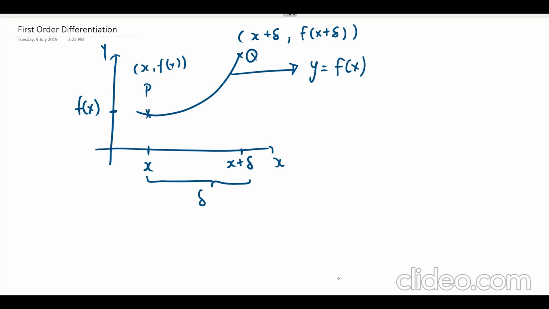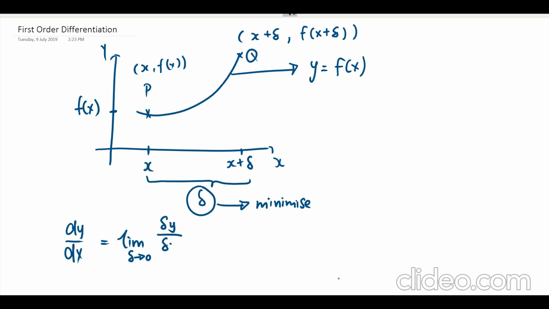When we differentiate a function with respect to x, we are trying to minimize the distance between x and x plus delta. So the basic definition of dy/dx is equal to the limit as delta approaches 0 of the change in y over the change in x.